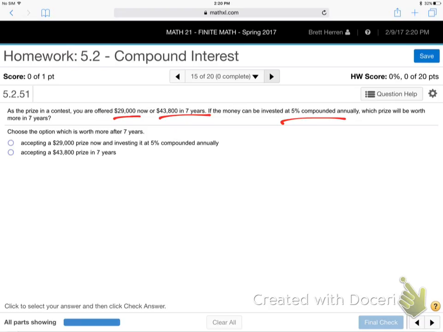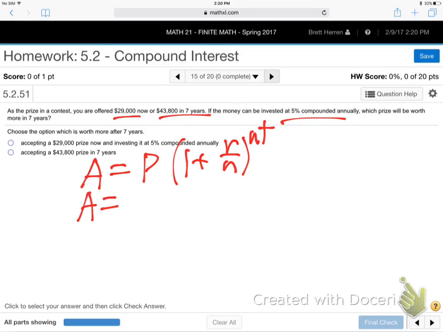So same formula, A equals P, 1 plus R over N to the NT. The P, the principal, is the 29,000. We're just going to put that 29,000 in an investment for 7 years.